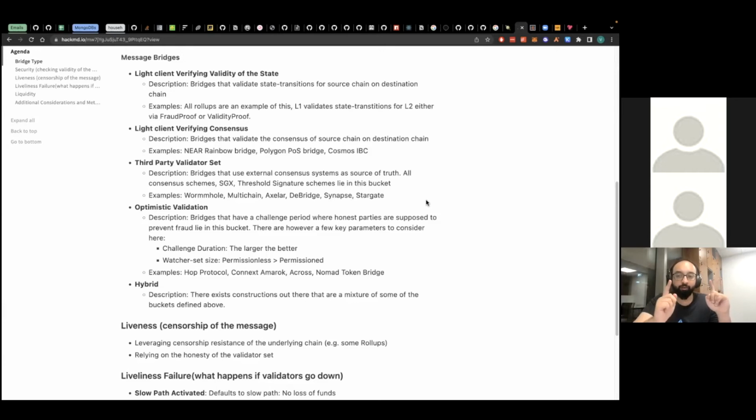So they essentially have to constrain the watcher role such that watchers can come and pause the system on the destination side, and then the watcher has to challenge on the source side to gain the bounty or things like that, right? So because of this watcher griefing attack vector that exists, because the source of truth lies on the source chain and not the destination chain, the watcher set has to be fixed in the current optimistic bridge design systems. Did that make sense, or do you want me to dive into something particular there?